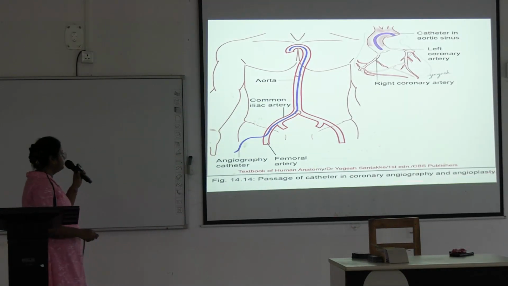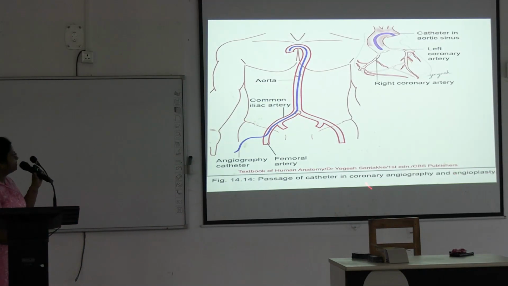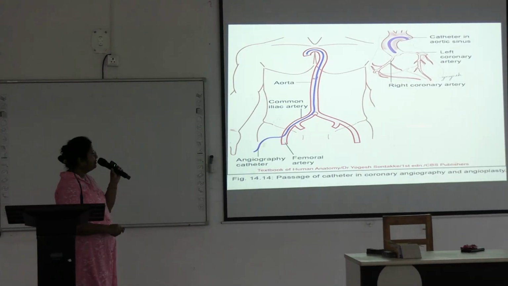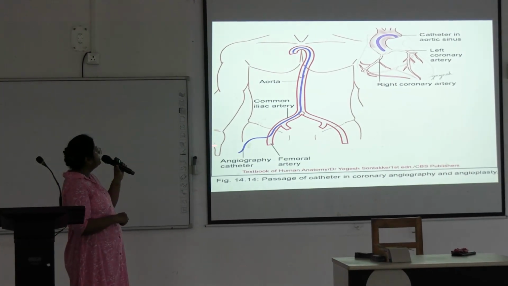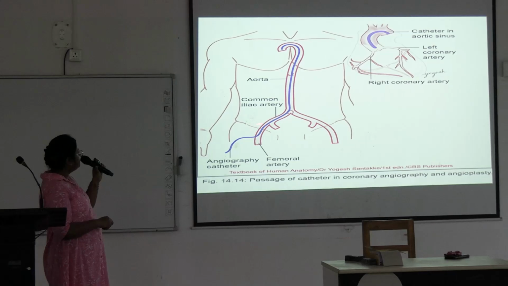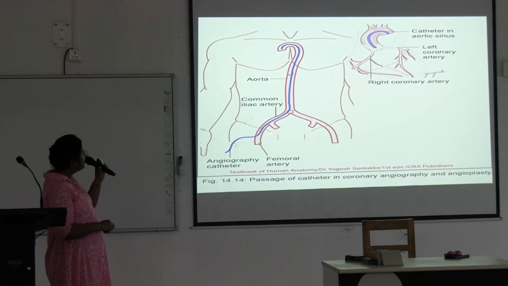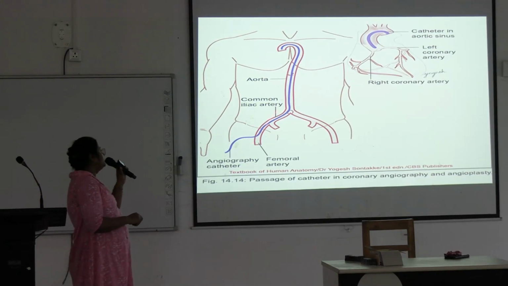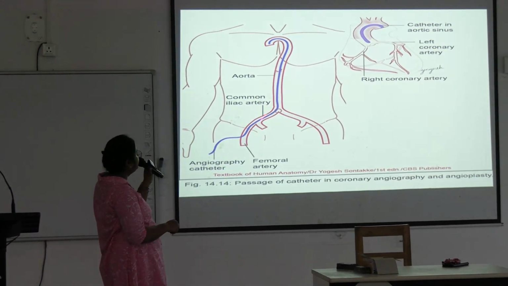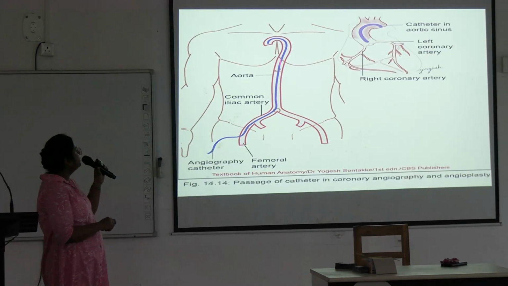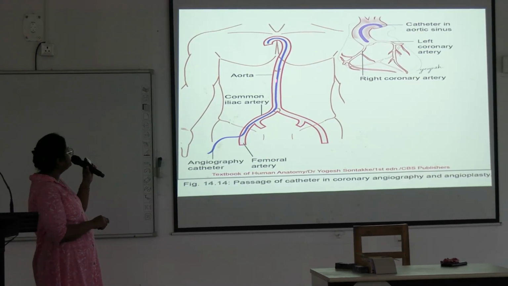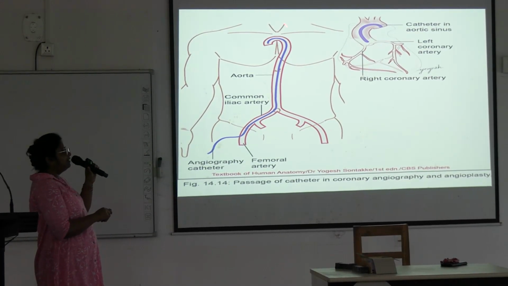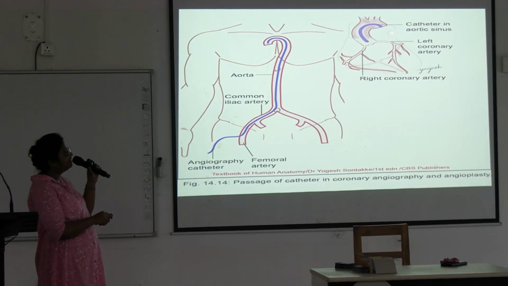And this is coronary angiography. For angiography or angioplasty, the angiographic catheter is introduced through the femoral artery. Okay, it is passed through the external iliac, then common iliac, then aorta, descending thoracic aorta, then arch of aorta, and enters into the heart chamber.